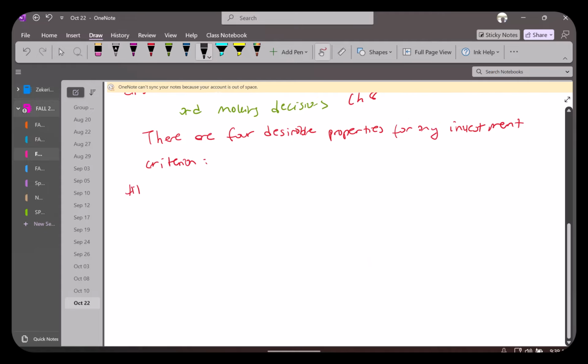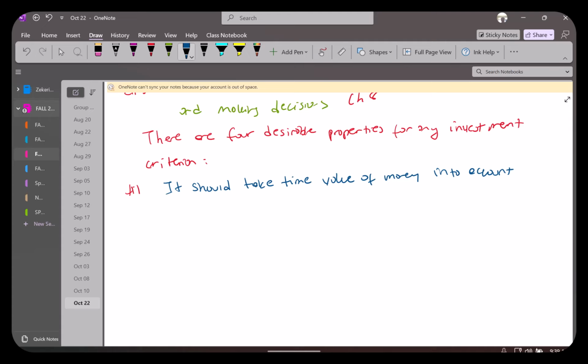The first one says it should take time value of money into account. Whatever else the measure we're developing does, it should not treat $100 next year the same as $100 10 years from now.